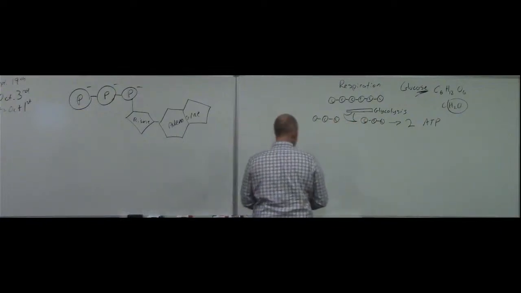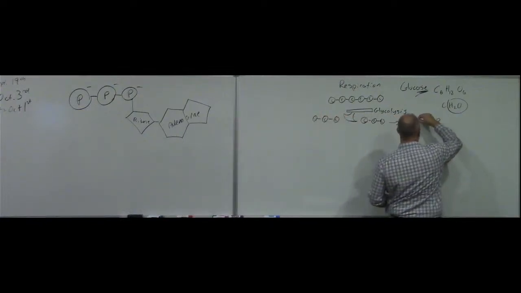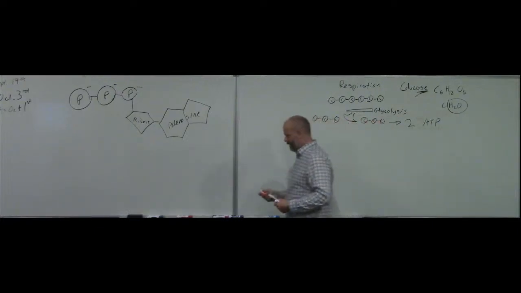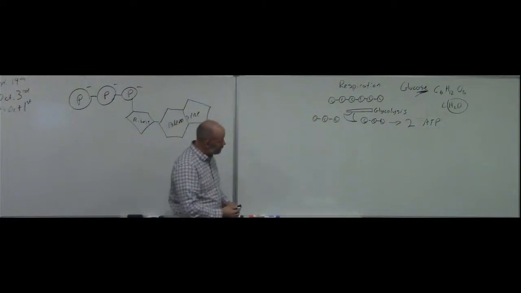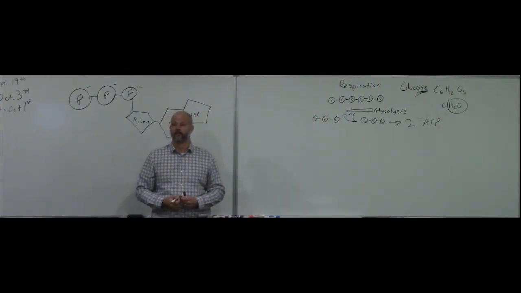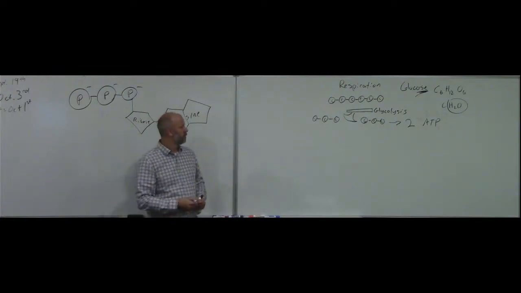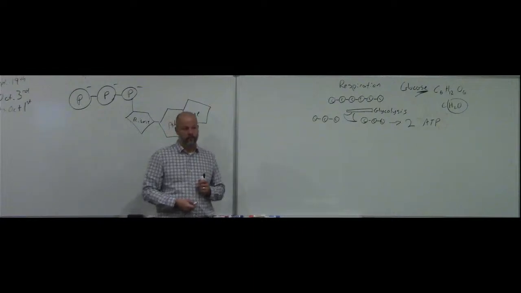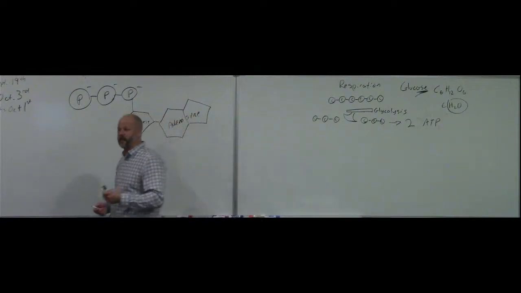And I'm sure I taught you to kind of do that, right? That's how we always do ATP. So, you got 2 ATP. What else do we have? 2 ATP, 2 pyruvates, and NADH.